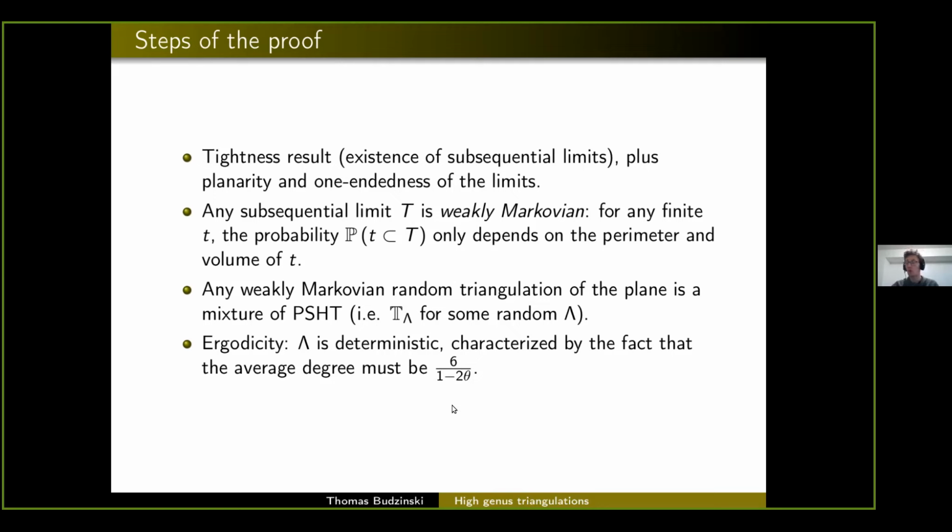And we also know how to compute the average degree in the infinite objects by a different argument. And we can match the two to get the lambda as a function of theta. So this is the global strategy of the proof. First, tightness, and then probabilistic arguments on the subsequential limits until we can identify only one candidate for the subsequential limit.